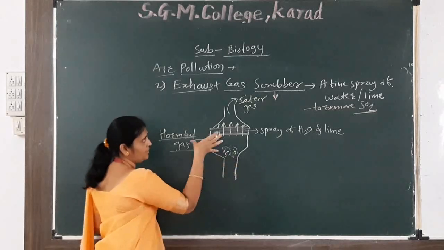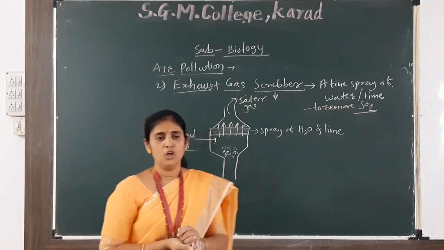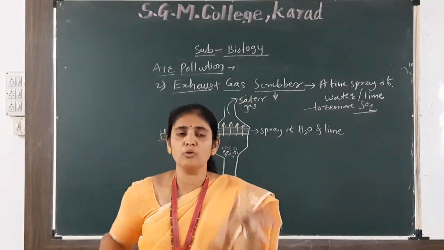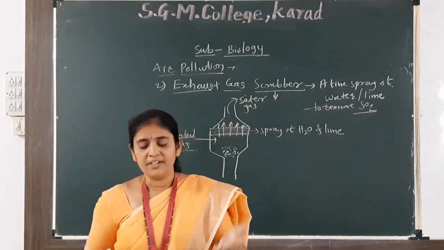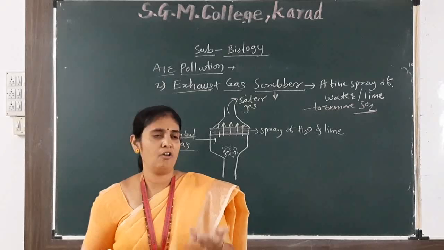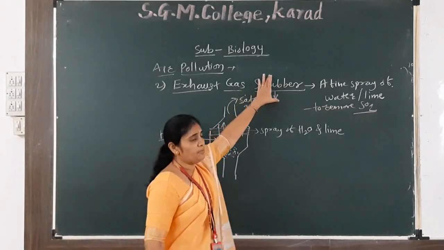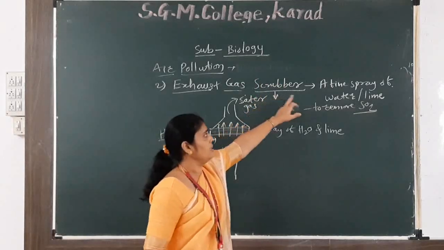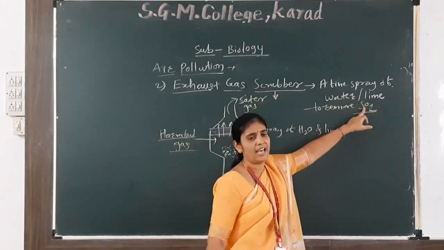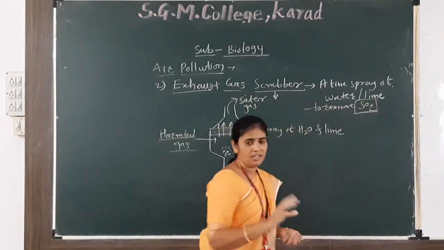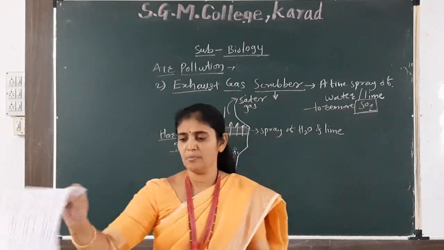So this scrubber is used to remove gaseous pollutants from the factory, industry, or any mill. You can remember what is meant by scrubber: a fine spray of water and lime, used to remove sulfur dioxide. This is a point to remember here.